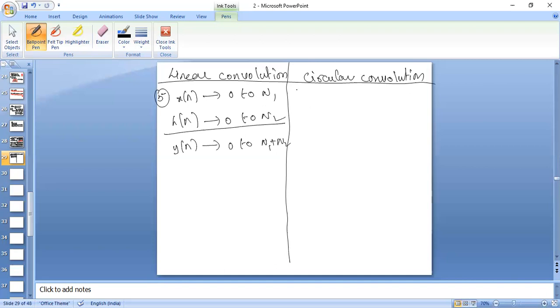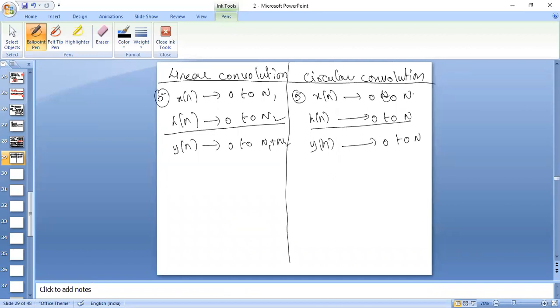Whereas here, if x of n is in the range of 0 to n and h of n is in the range of 0 to n, then y of n should also be in the range of 0 to n. If one of the signals is not in the range of 0 to n, then that should be extended to n, right? Whichever might be the greater.